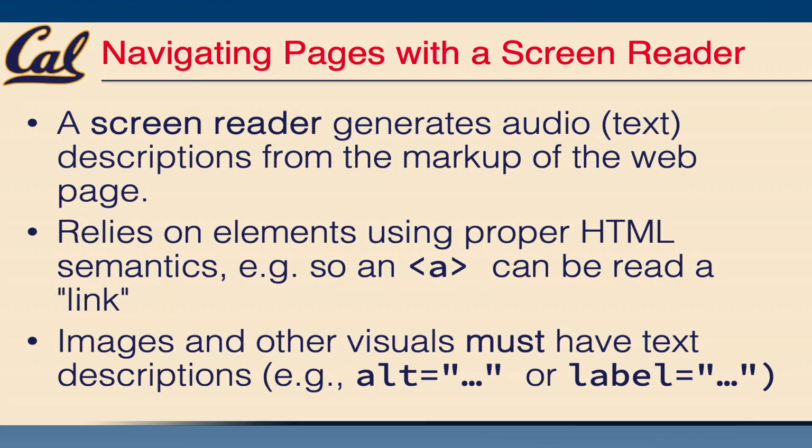So screen readers look for special HTML attributes like the alt tag on an image or the label property, which works on just about any HTML element, as generating a text description. So one of the things, as you start building apps, is you'll have to specifically consider what is the textual representation of a particular element. And we'll actually take a look at some of those in a moment.